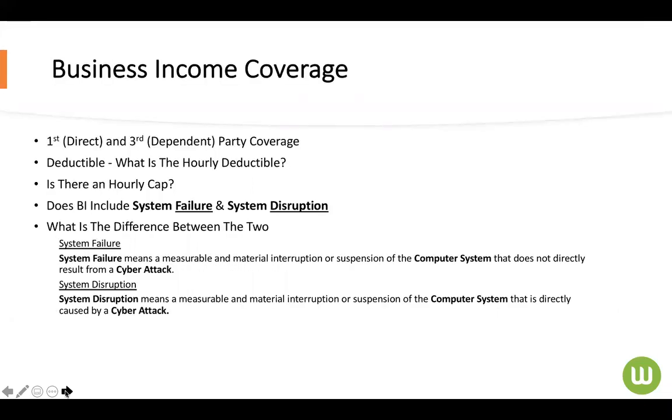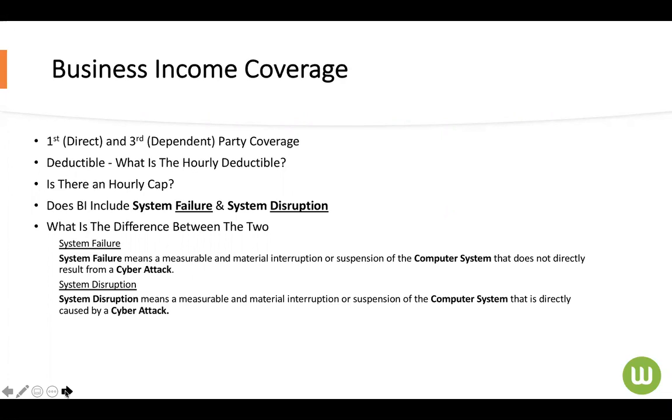Thank you. So we're going to talk a little bit about business income coverage. There is first party, which is direct to you, and third party is dependent party coverage. So you should be looking for a policy that gives you first party and third party coverage. You should be looking at the deductible. What is the hourly deductible? Some policies will say 12, 24.